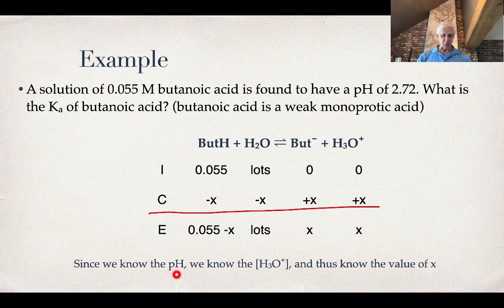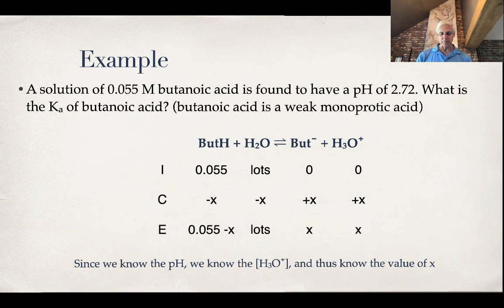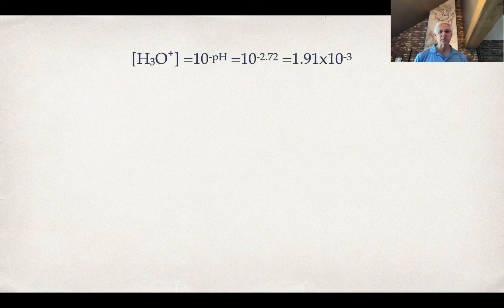Now, since we know the pH, and why do we know the pH? Well, because they told us what the pH was in the problem. Because I know the pH, I know the value of the H3O plus ion. I can calculate H3O plus from the pH. And if we look at our ICE box, we see that the concentration of H3O plus at equilibrium is equal to the value of X. So let's use that information and solve our problem.